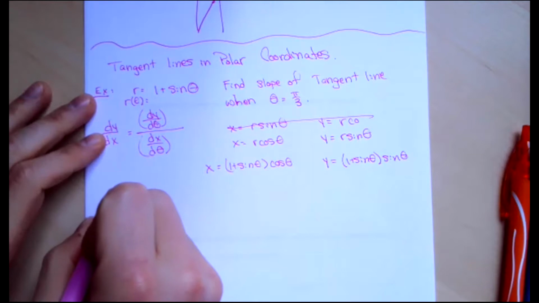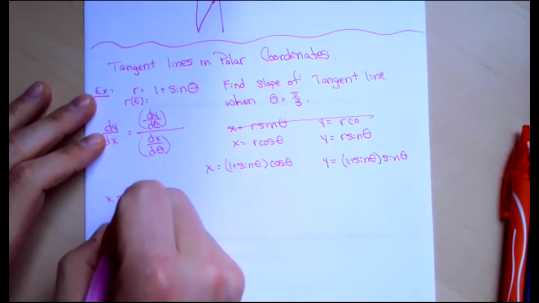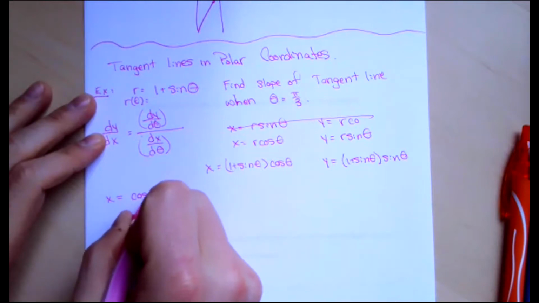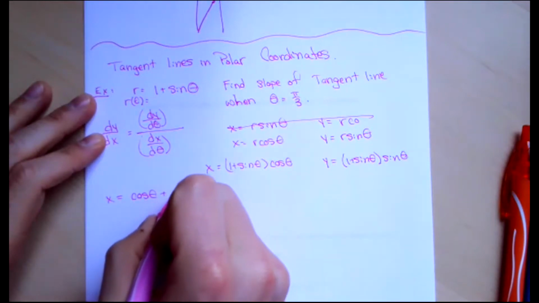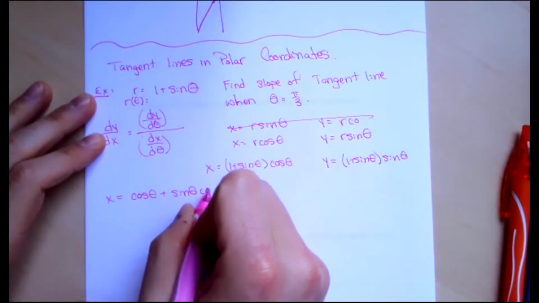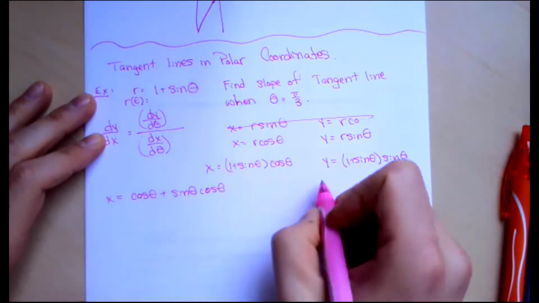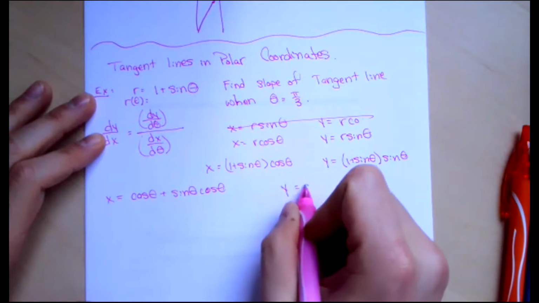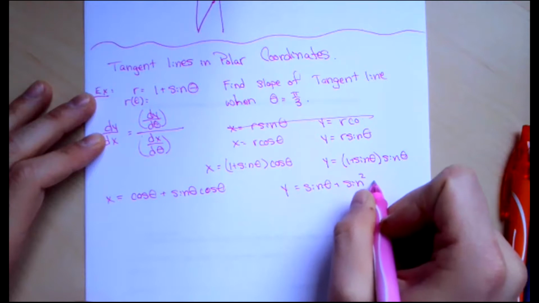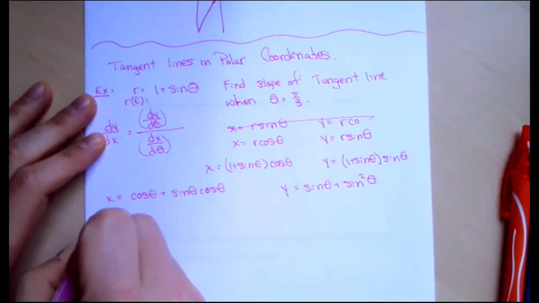So let's distribute that out just to make our lives a little easier. We'll have x equals cosine theta plus sine theta cosine theta. Looks like x will have a product rule here. For y, we'll just get sine theta plus sine squared theta. That should be a pretty easy derivative.